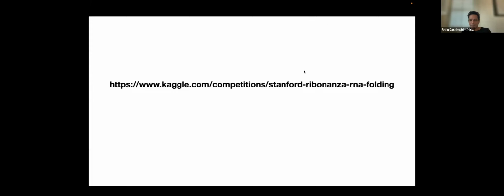So for the Ribonanza data set, we've taken these base pair probability predictions from a model that's called Eterna, which is a secondary structure predictor that was actually trained on prior Eterna data. It certainly does better than a baseline of zeros, but I can tell you it's not as good as the models that are doing well in the leaderboard now.